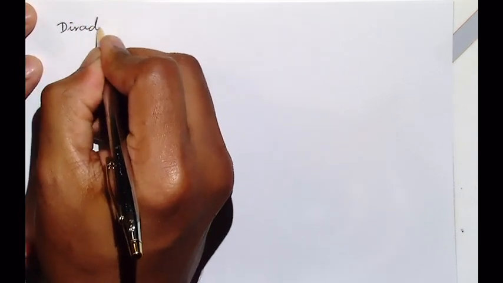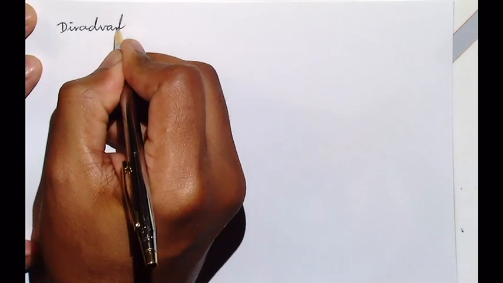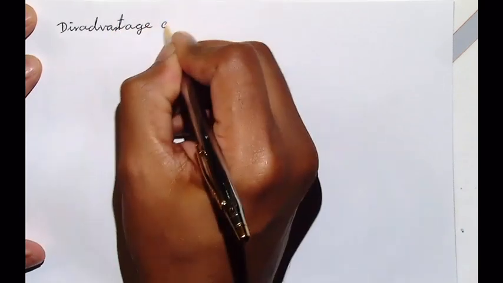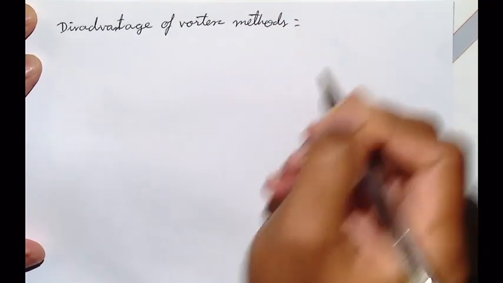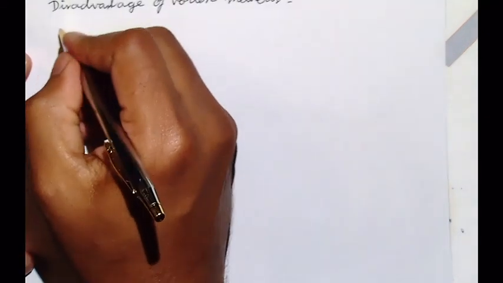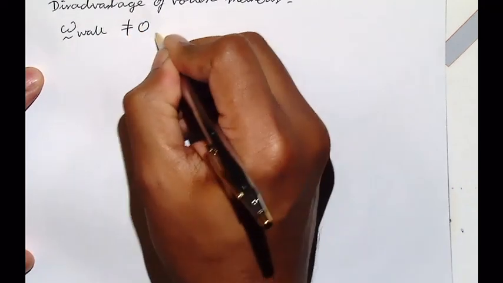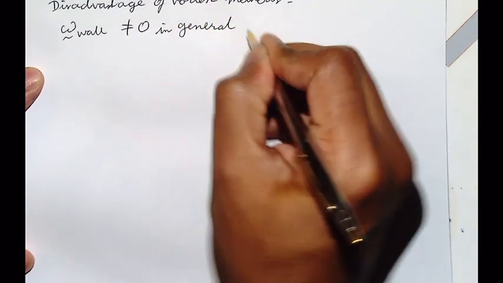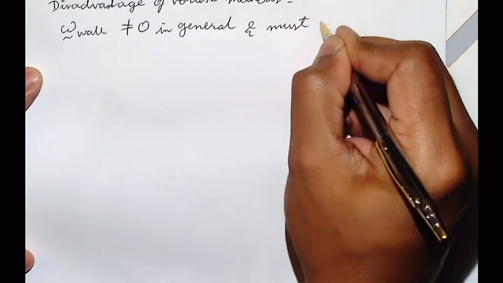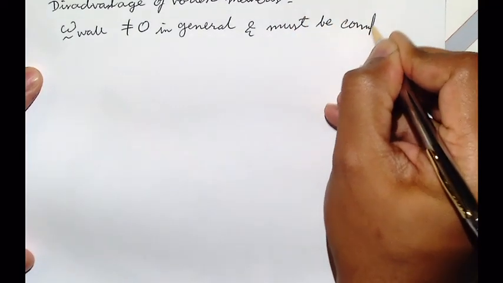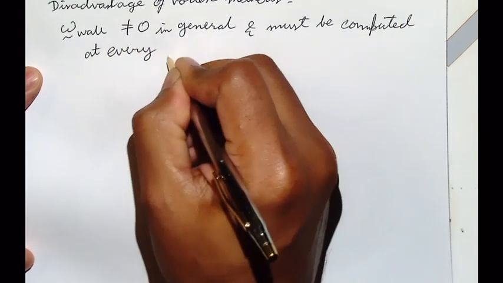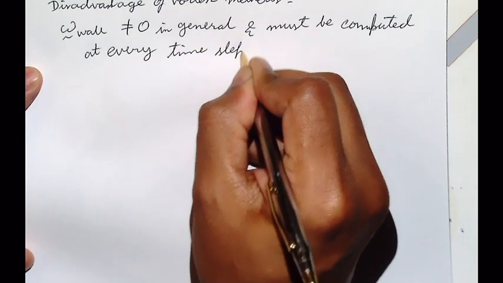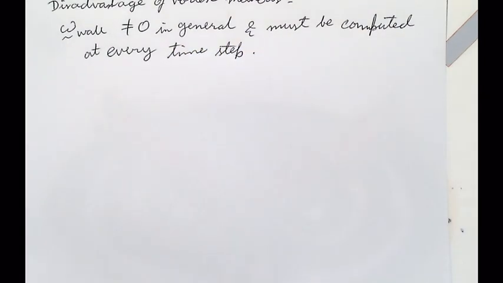So disadvantage: omega wall is not 0 in general and must be computed at every time step. Can you think of some ways to compute omega wall?